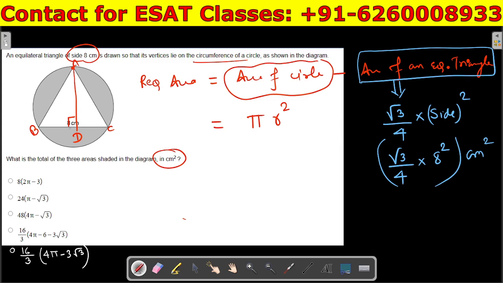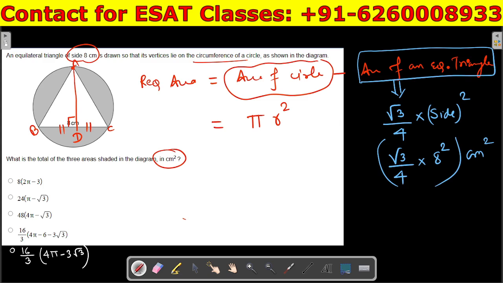And you should have the knowledge that if you draw the perpendicular, it will bisect the opposite side, this BC side as well. This is a property, you can prove it also, and you should keep it in mind, right?